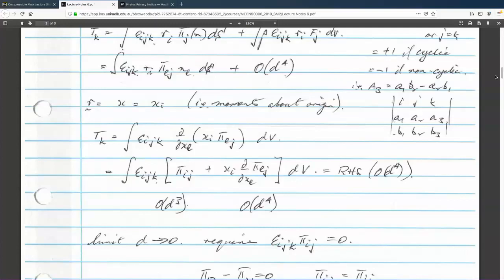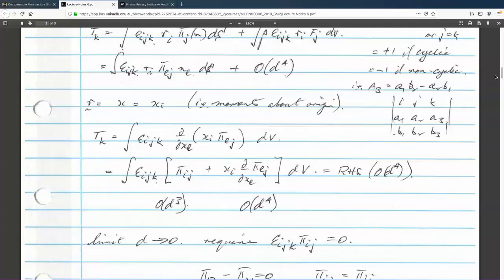So I've got epsilon ijk. Now, I've got an L here and here, so I have to sum it. Let me first take the derivative of the first one here. If I take the derivative of this thing here, I'll get two terms.